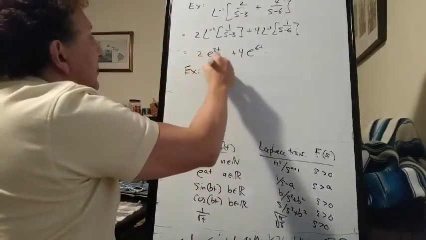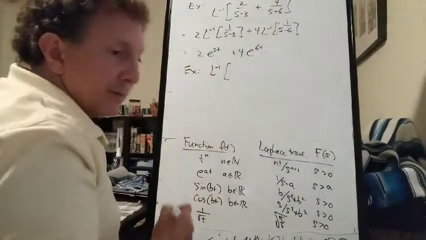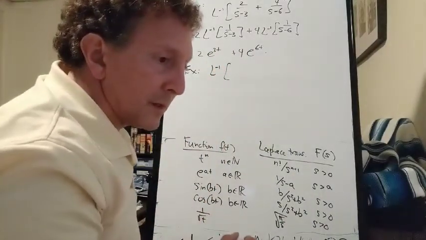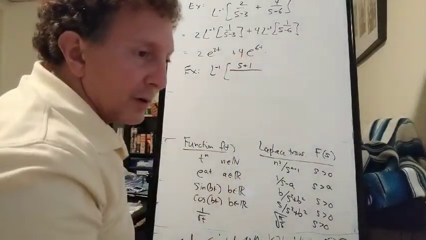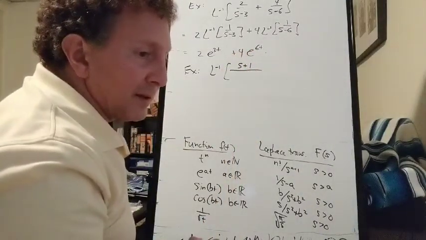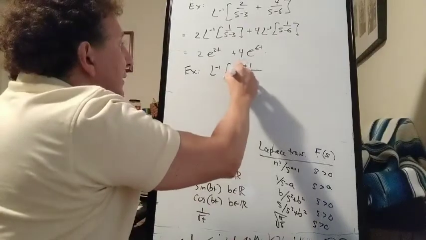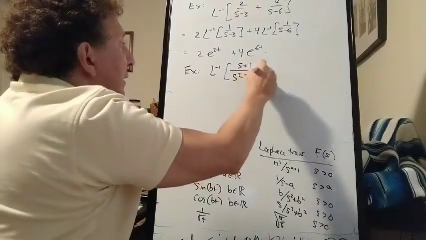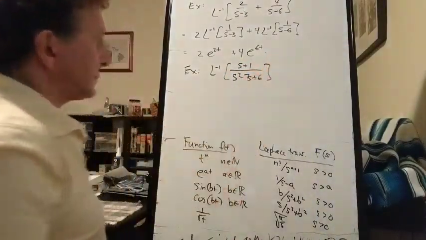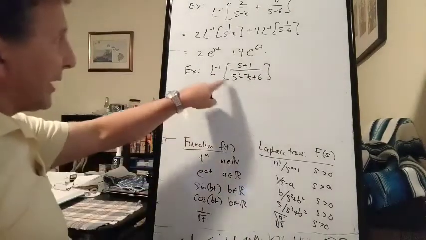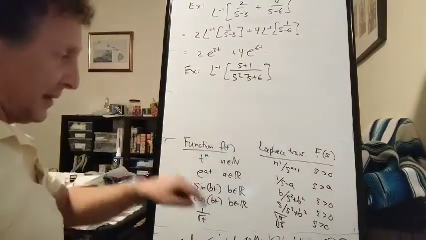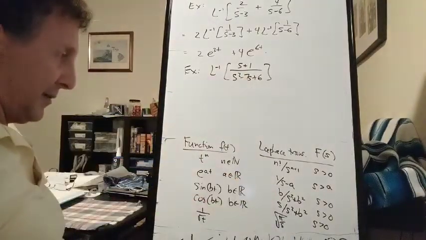So here's a harder example. What's L inverse of s plus 1 over s squared minus 7s plus 6? It looks a little bit like s squared plus something, except for the minus 7s, which doesn't fit that pattern.